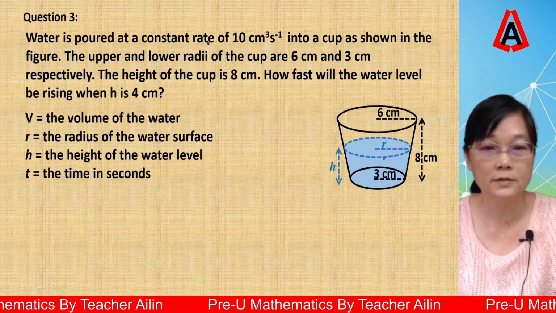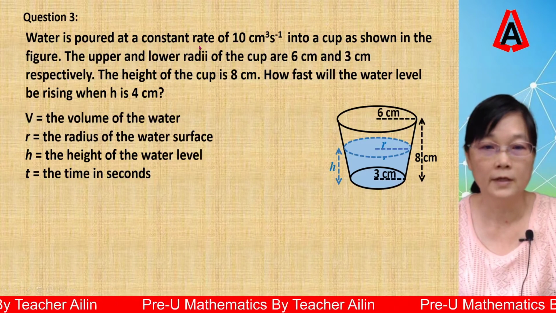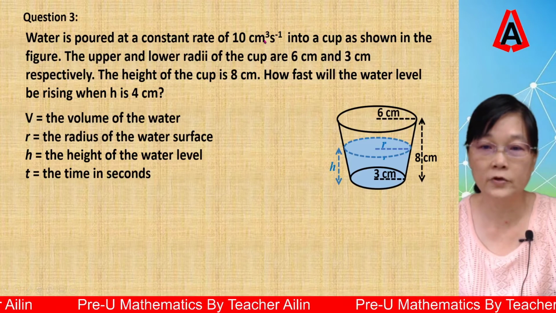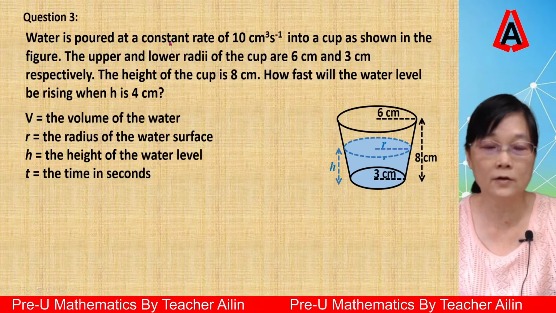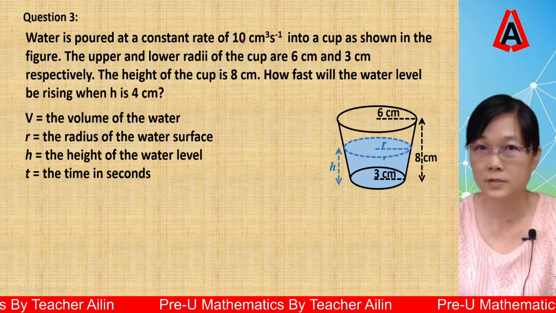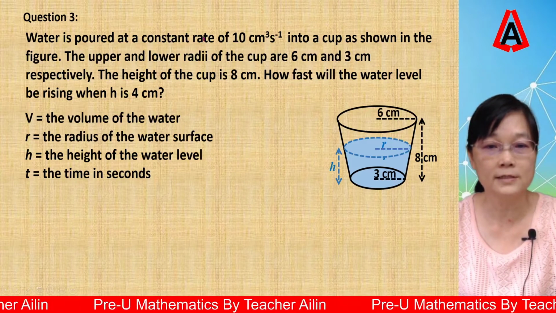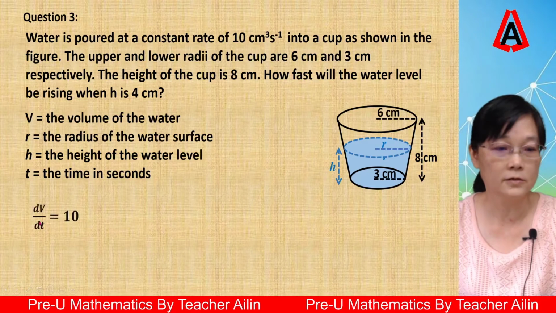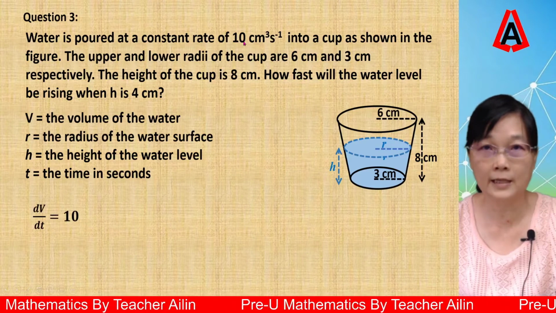The water is poured at the rate of 10 cm cubed per second, and since the water is coming in, it is a positive value. So dV/dt is 10.